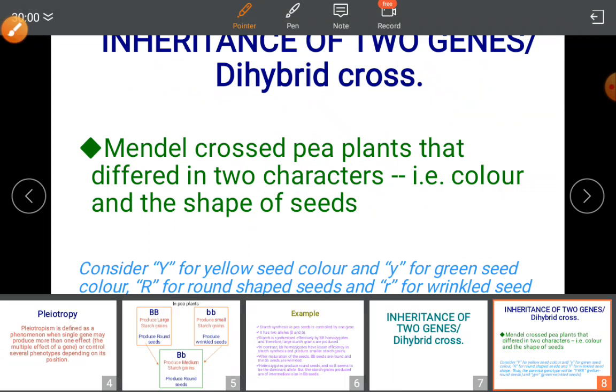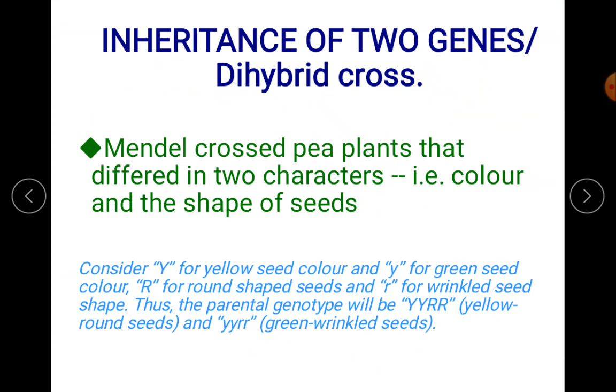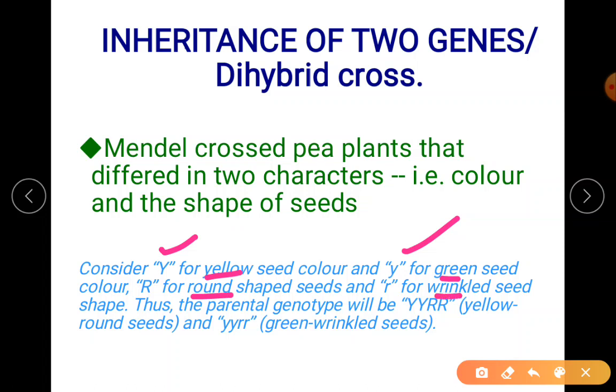Now when I say color, there is yellow and green. So they have given the name capital Y and small y. Then there is the shape, round and wrinkled. So round, capital R. Remember capital will be dominant. So small r for wrinkled.